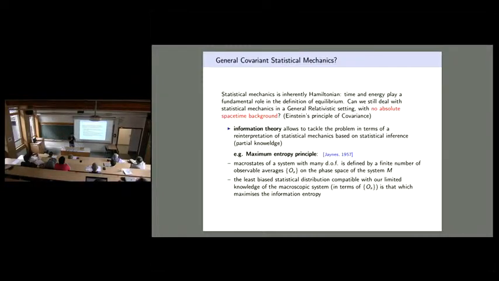We don't have time, and we don't have a Hamiltonian. We have a Hamiltonian which is actually vanishing, because it's a super Hamiltonian, or what we call the Hamiltonian constraint. How can we do that? One possibility is to look at an inference, a statistical or epistemic approach, based on information theory. The key example is the maximum entropy principle, which is also what we typically use to deduce a notion of Gibbs state.